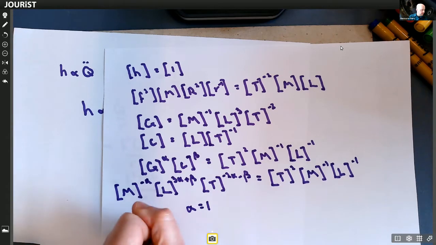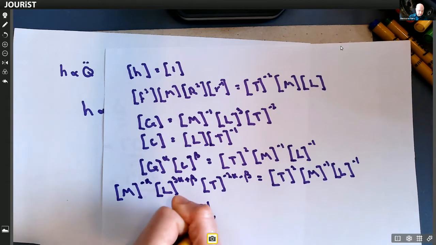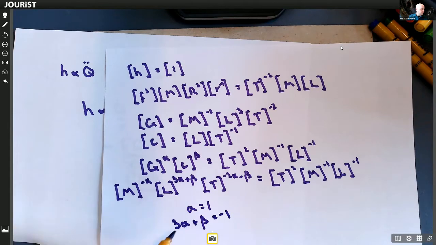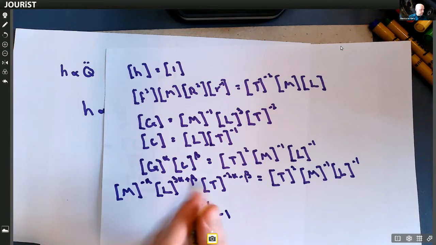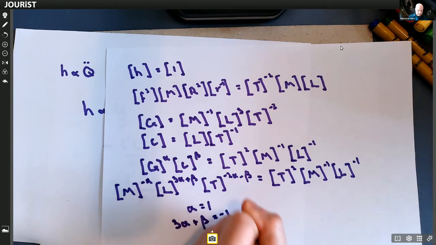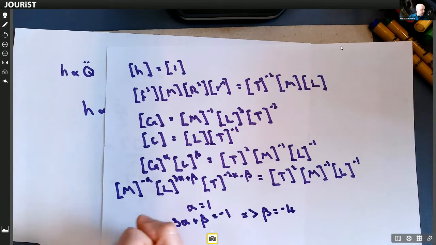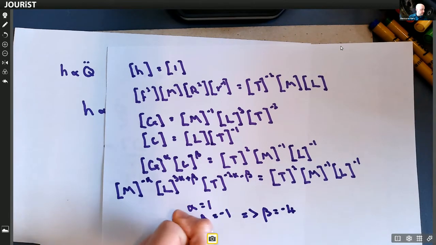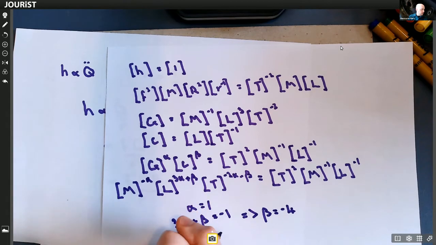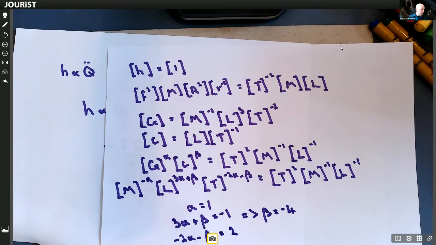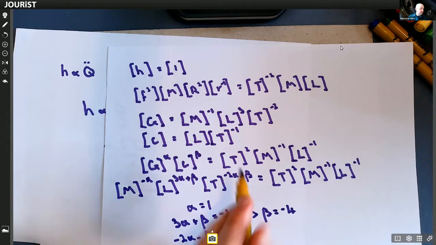Alpha equals 1, that's 3 plus beta equals minus 1, implies that beta equals minus 4. And then we have minus 2 alpha minus beta for the power on time equals 2, hopefully. And if we check, that's going to be minus 2 times 1, minus 2, minus 4. So minus 2 plus 4 equals 2. So that does work out.